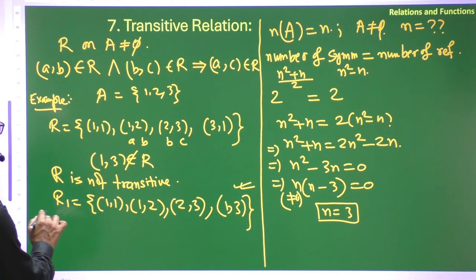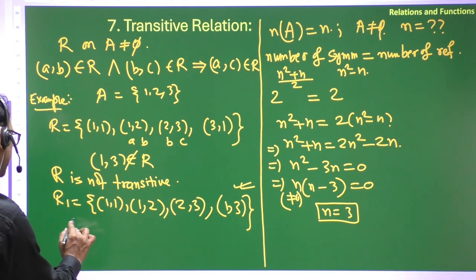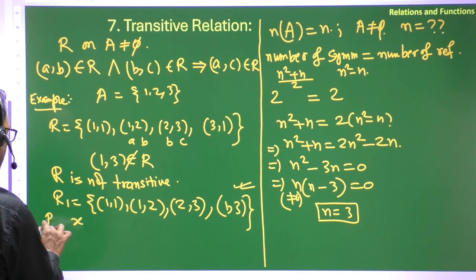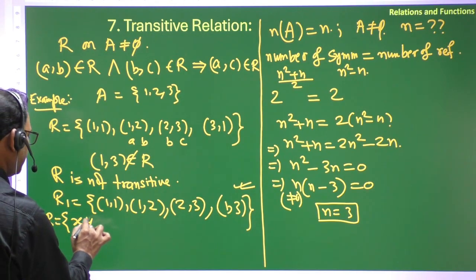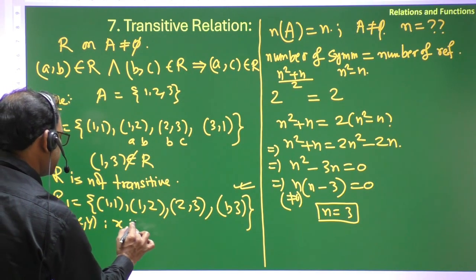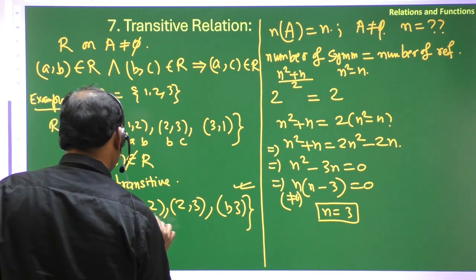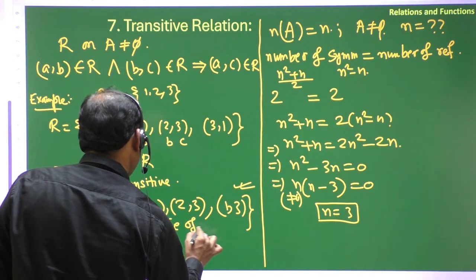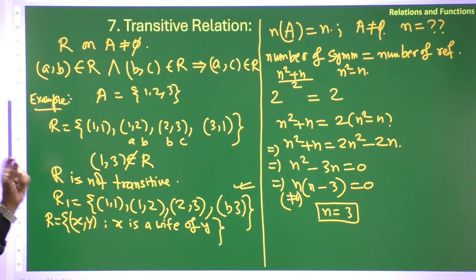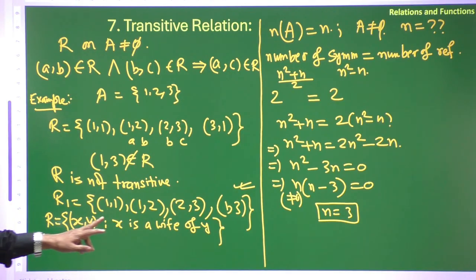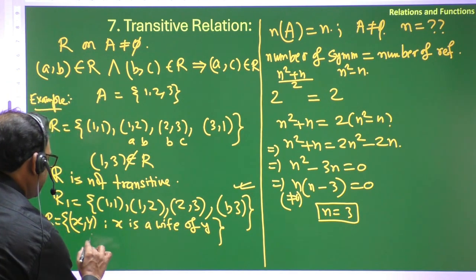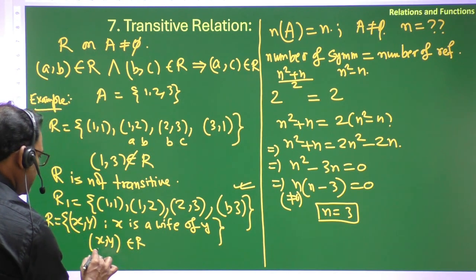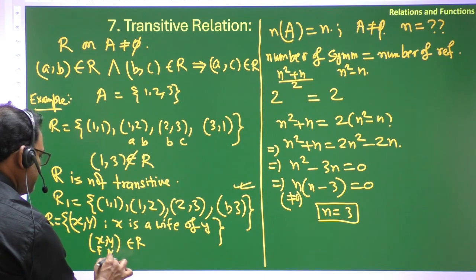Now consider one more example. Suppose we define a relation R which contains all ordered pairs (X, Y) such that X is a wife of Y. Now the question is, is the relation transitive? If X is a wife of Y and you consider this ordered pair (X, Y) belonging to R, that means this one is female and this one is male.